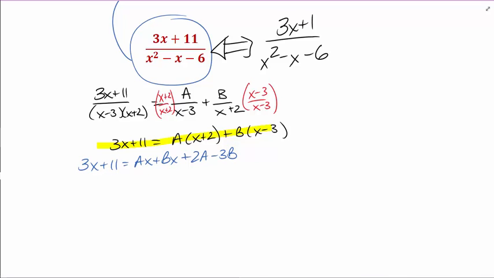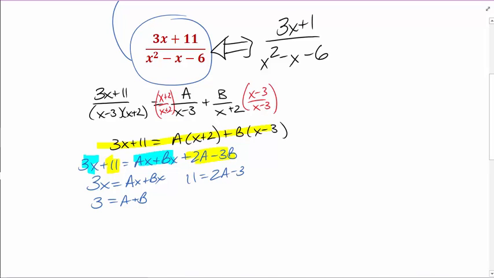What I can show is that this 3x must be equivalent to the a plus b times x because those are the only terms that involve x. So 3x must equal ax plus bx, so 3 must equal a plus b. That's one equation. The second equation will come from the fact that the 11 has to equal the constants, so 11 must equal 2a minus 3b.